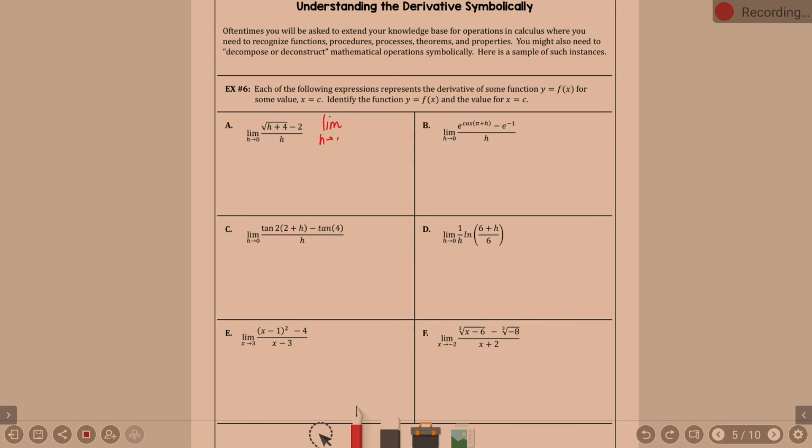Which general form is this? This is f of a plus h minus f of a all over h, yes? You can identify that just because you see h approaches 0. When it's a definition of derivative and it says h approaches 0, that's what we're looking at.